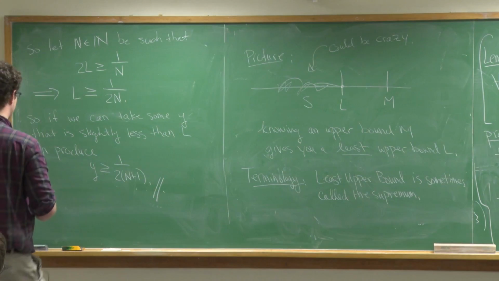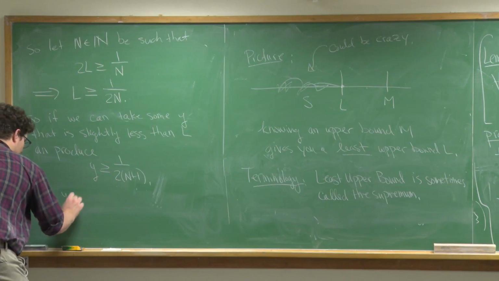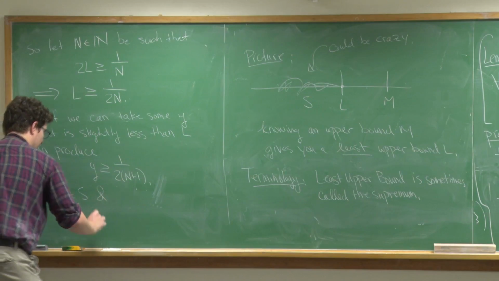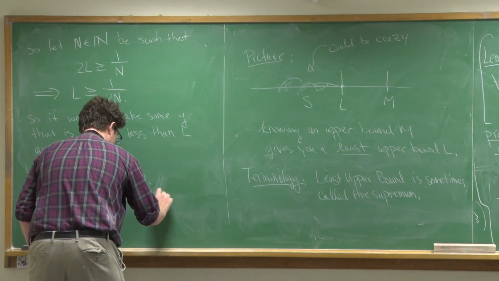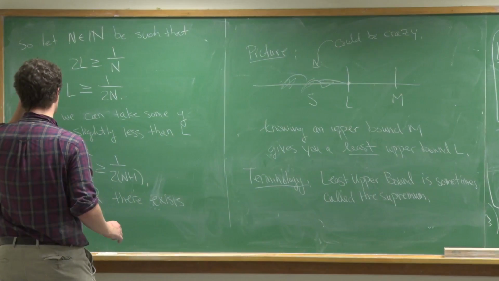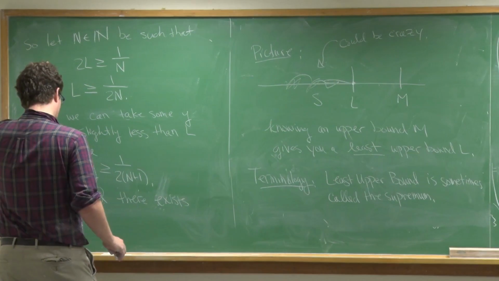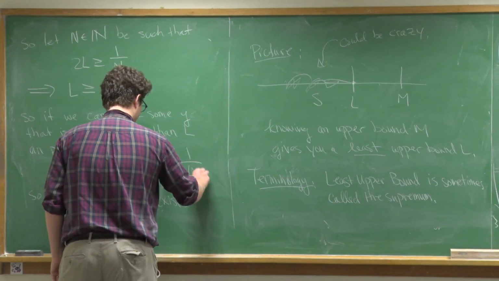Okay, and so this violates, so here, and so here this is 1 over 2n plus 1.